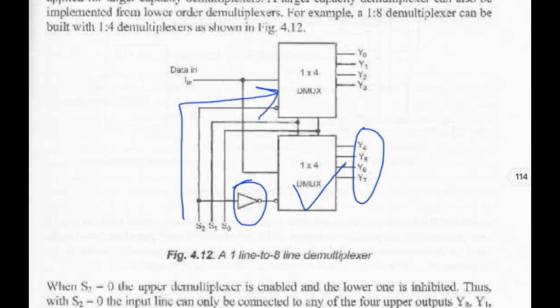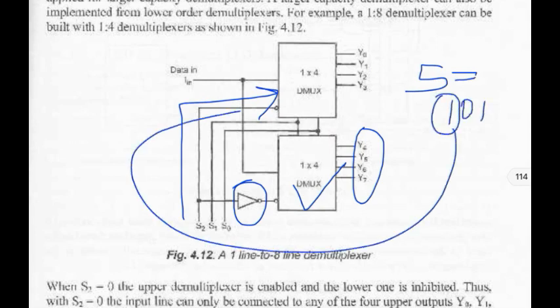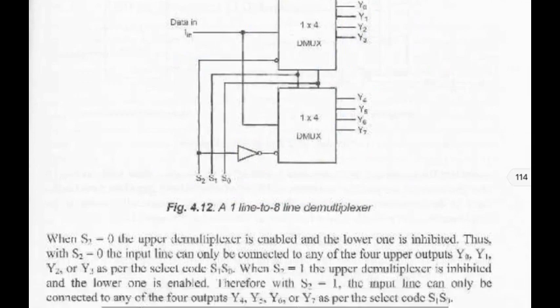So when you want to output to a 5, we know 5 is represented as 1, 0, 1, and therefore this one comes inside the chip enable pin of the first demultiplexer, and if it gets there, this becomes deactivated, and therefore none of these are going to be output. Okay? So much to do with the demultiplexers.